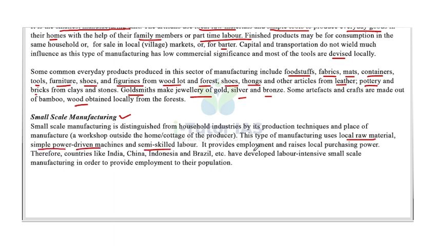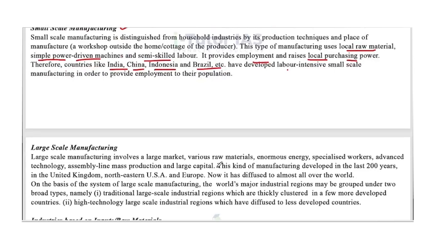It provides employment and raises local purchasing power. Therefore, countries like India, China, Indonesia, and Brazil have developed labor intensive small scale manufacturing in order to provide employment to their population. Okay, so that's small scale manufacturing.